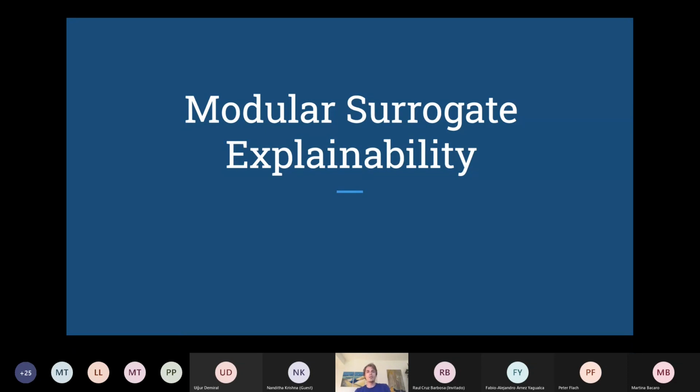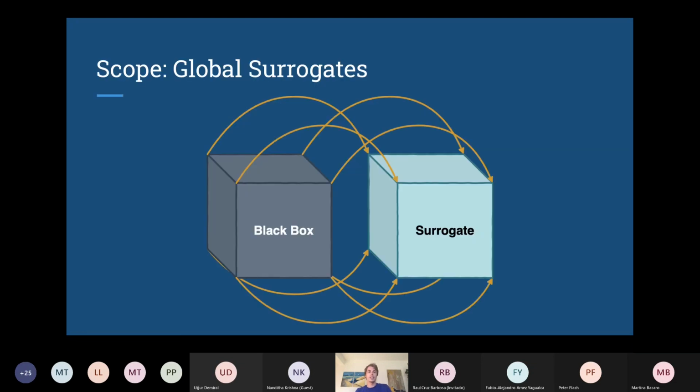And now let's move into something more precise. These are surrogate explainers. But what do I mean by a surrogate explainer? Here we assume that we have a black box and we are trying to explain it. We do so by building a simpler, more transparent model that approximates part of the black box or the entire black box in a way that allows human explainees to understand what's happening in there.